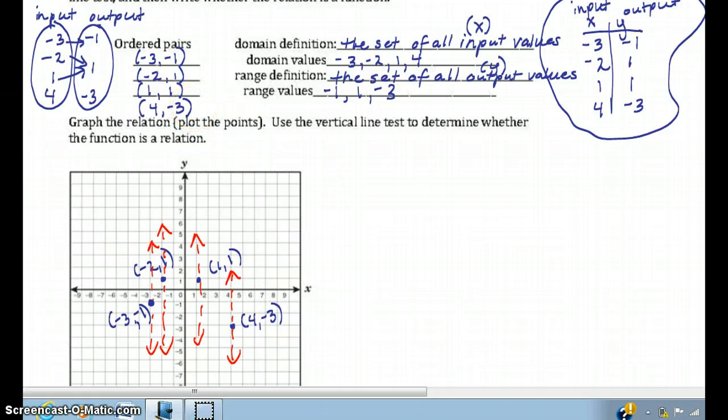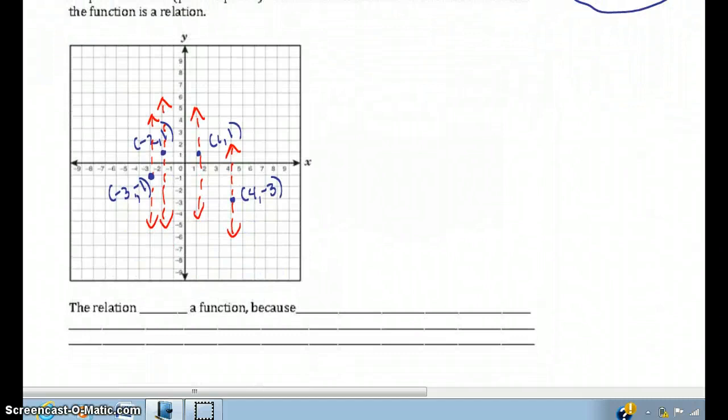So I'm going to come down here a little bit further. We're going to write some other things to help you with this. But the relation is a function. So again, it is a function for a couple reasons. It passes the vertical line test. And what it means when it passes the vertical line test is that for every input, there's exactly one output.